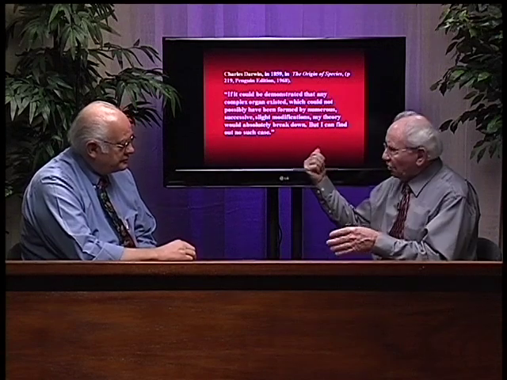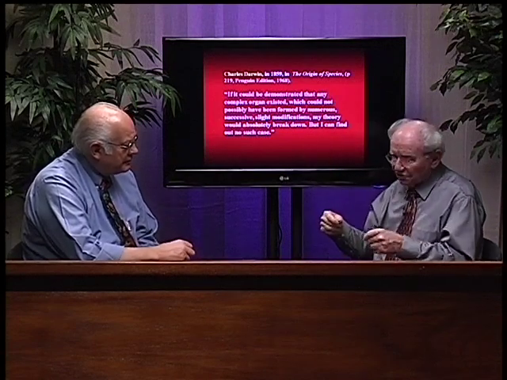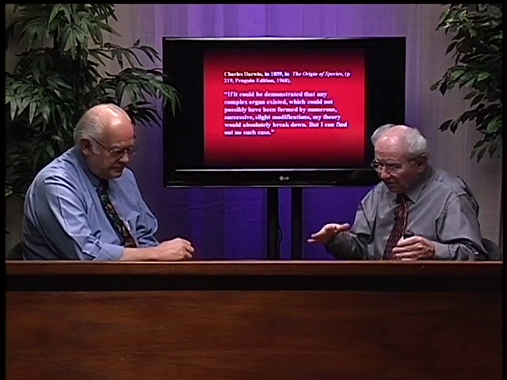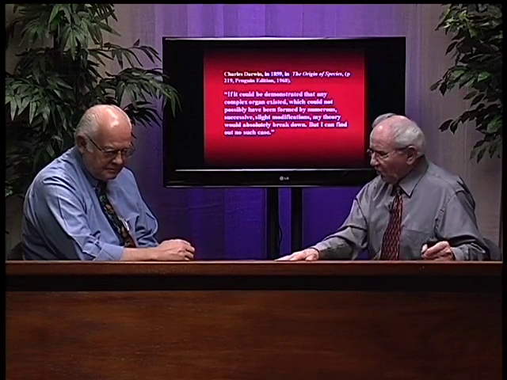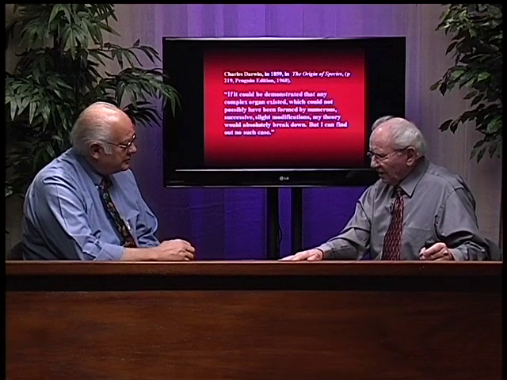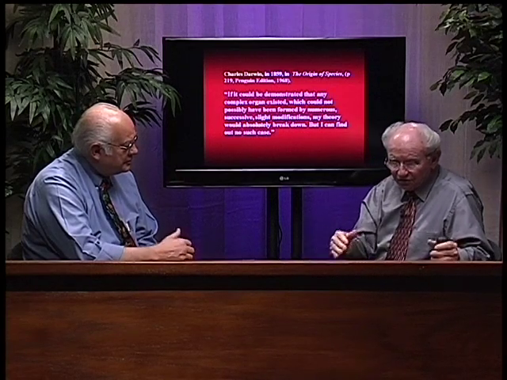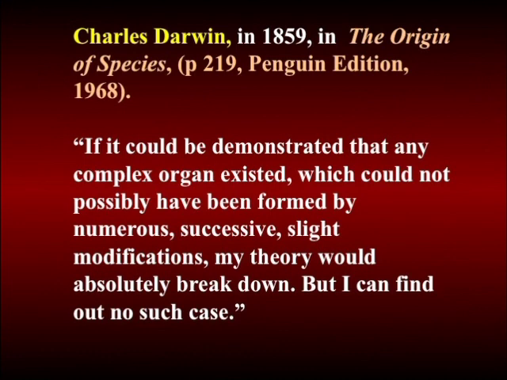I mean, that trochlea I was showing you in the last slide is an example of that. And we've got so many things like this in so many organisms. When he says his theory would absolutely break down, his theory is absolutely broken down many times when you consider complexities like the eye, interdependent parts.